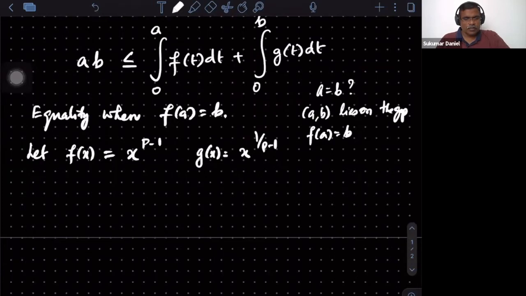So work it out either on paper or in your mind. So the first one is clear. If I take the integration, it becomes x power p minus 1 plus 1 divided by p minus 1 plus 1. So it is x power p by p. And from 0 to a, at a, I will get a power p by p. That part is done. For the second part, the integration becomes x to the power 1 by p minus 1 plus 1, and the same factor in the denominator.